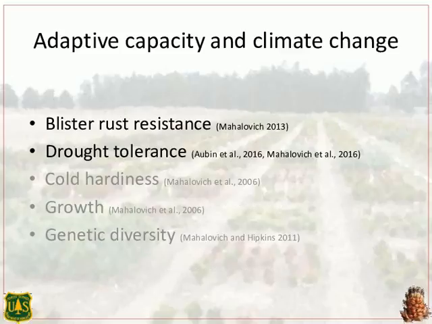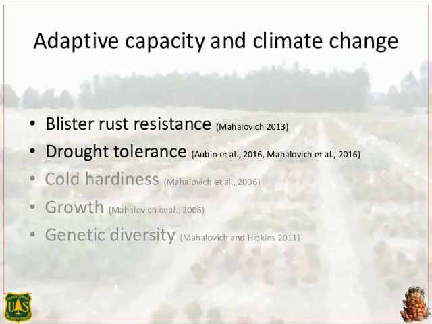18 years ago, when I was asked to identify, harness, and deploy blister rust resistance in whitebark pine, our primary trait was developing rust resistance. And then 11 years ago, because of concerns with climate change, we started to assess cold hardiness.